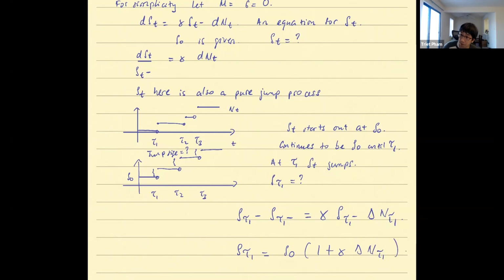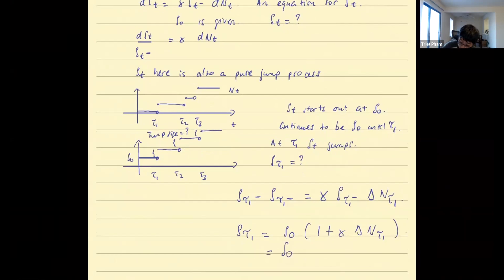But of course, what is delta N tau 1? Because the Poisson only jumps 1 unit at a time, we got this to be 1 plus gamma. Sherry, if you were talking about the jump size, then yes, it's exactly S0 times gamma. But the new value, because you need to add the old value, will be S0 times 1 plus gamma.